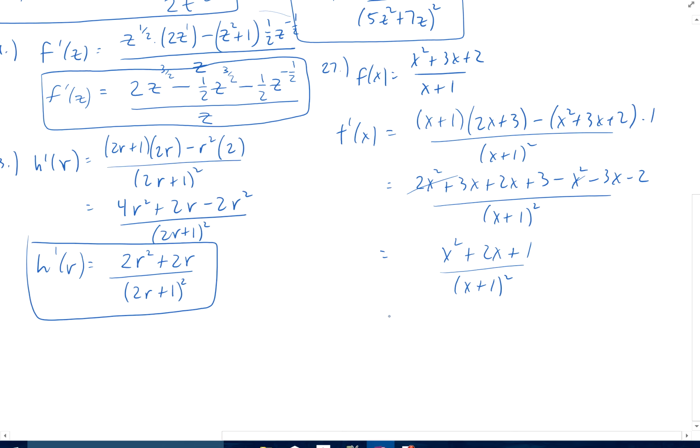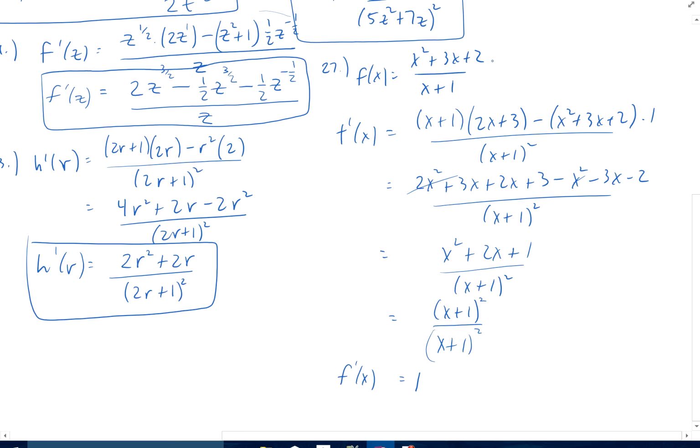And if you notice, the numerator is x plus 1 squared, is it not? Over x plus 1 squared. Something's not right here, because this should not be 1. So let's see what we got here. Oh, maybe so. Here you can see why I'm wondering if this is right or not, because how could the derivative just be 1?